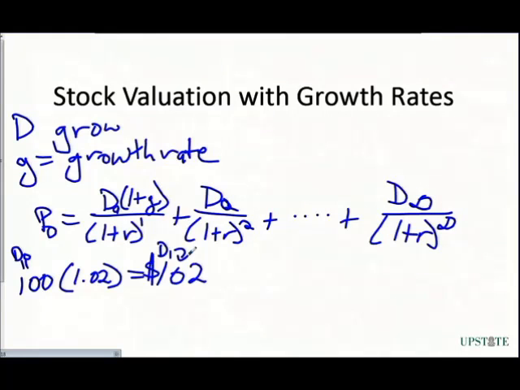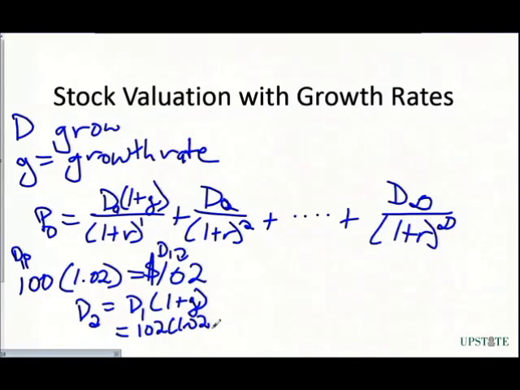If I want to find out what D2 is, I take D1 and multiply it by 1 plus my growth rate, which is 102 times 1.02, and on and on. We're going to do this out for an infinite number of time periods.